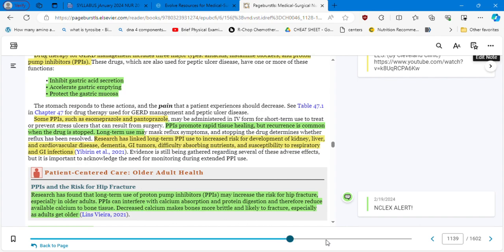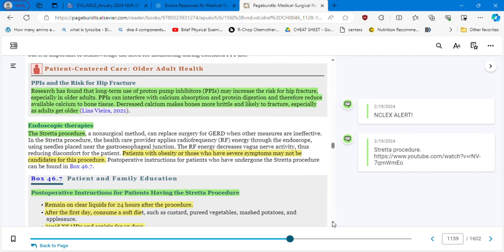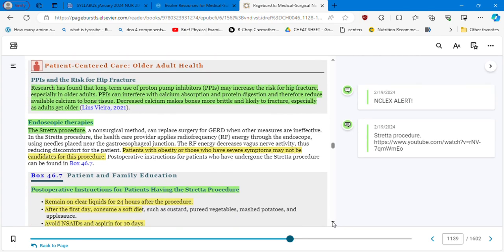let's go to older adult health. Research has found that long-term use of proton pump inhibitors may increase the risk for hip fracture, especially in older adults. Okay, so that's another complication of PPI.